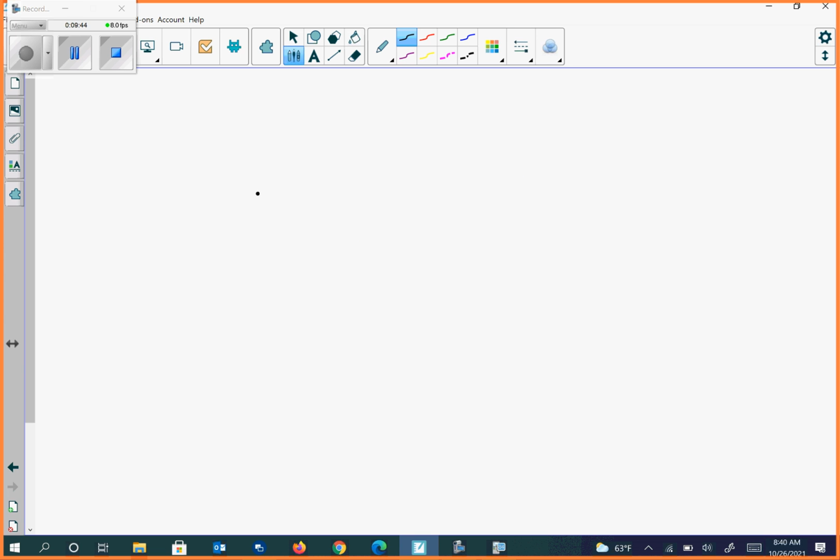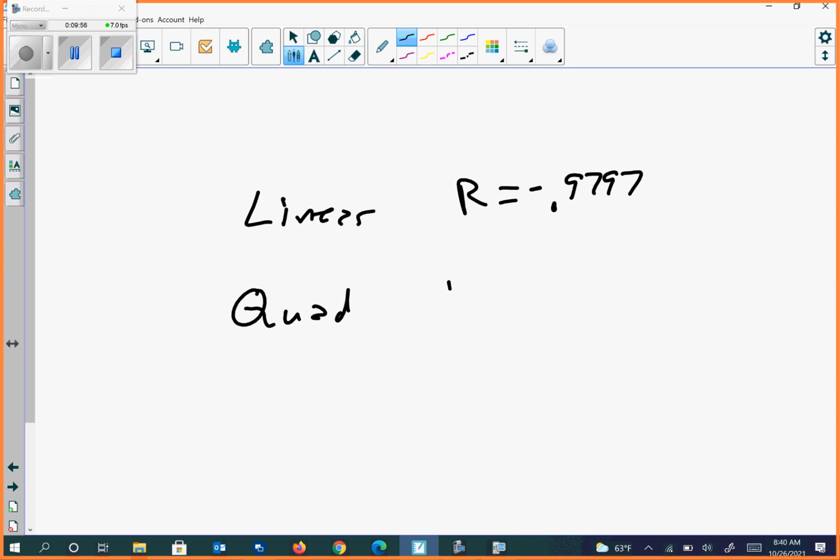Right. So let's say we had a linear r value that came out to negative 0.9797, something like that, and then we had a quadratic where it told you the r value was 0.9700. Which one is the better correlation?